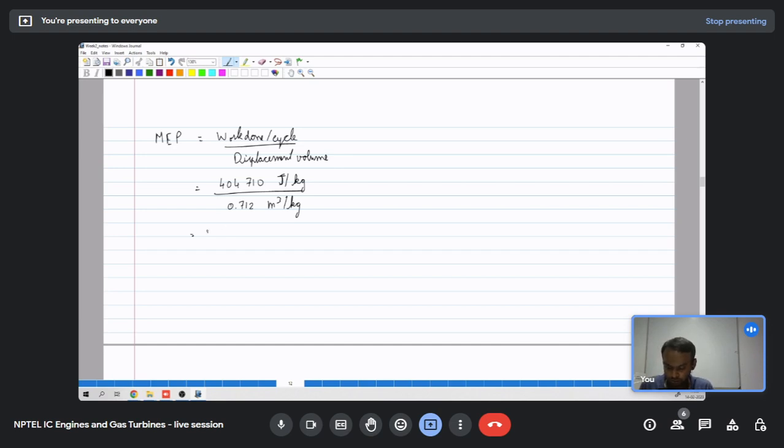So this turns out to be 568,412.9 pascals. Joule per meter cube becomes pascals. So this is 5.68 bar. So we have calculated the mean effective pressure as 5.68 bar.